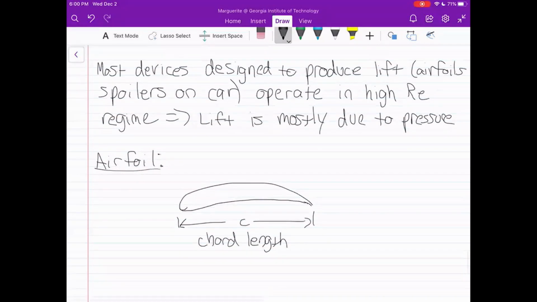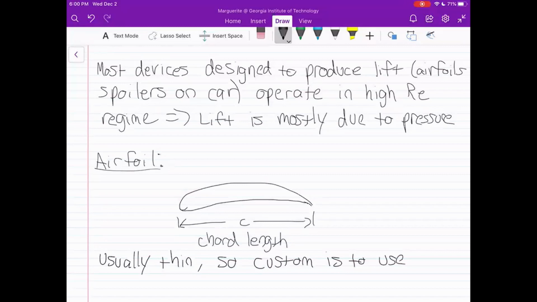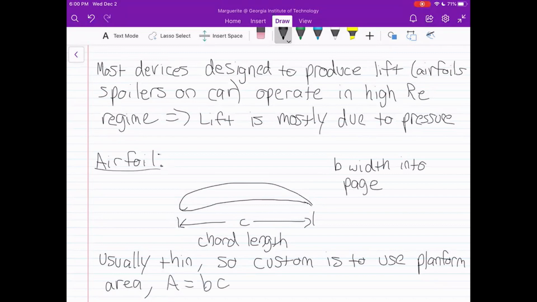For these airfoils, they're usually thin, so the custom is to use the planform area, where B is the width into the page. And so your planform area is going to be BC.